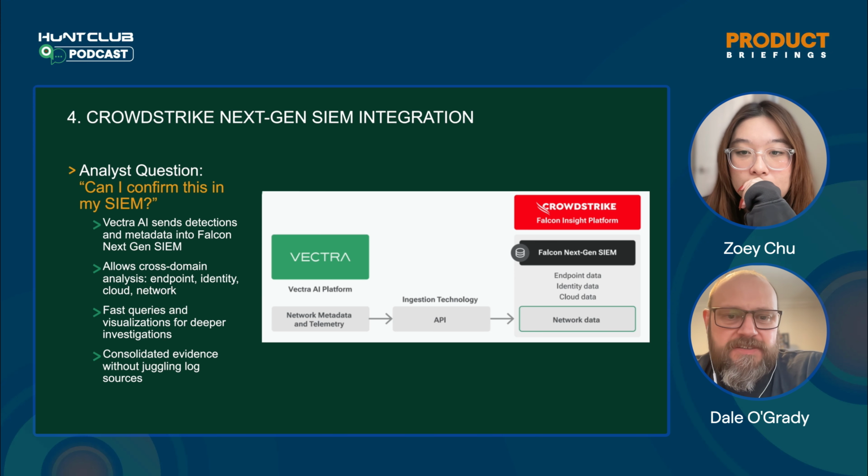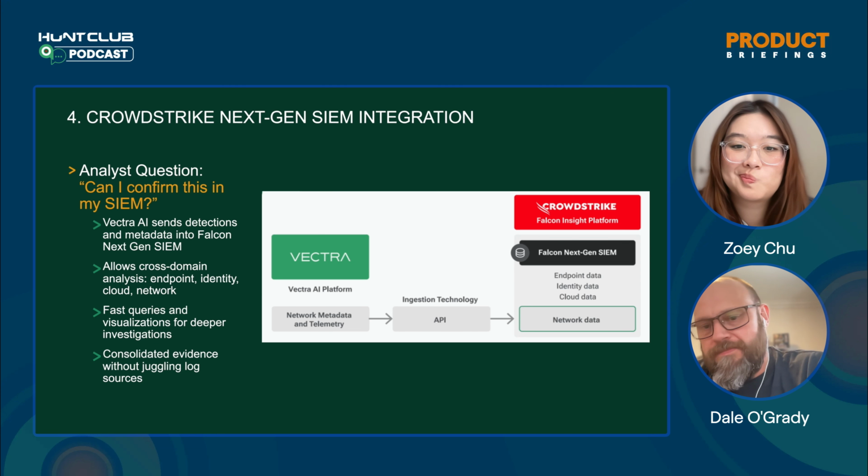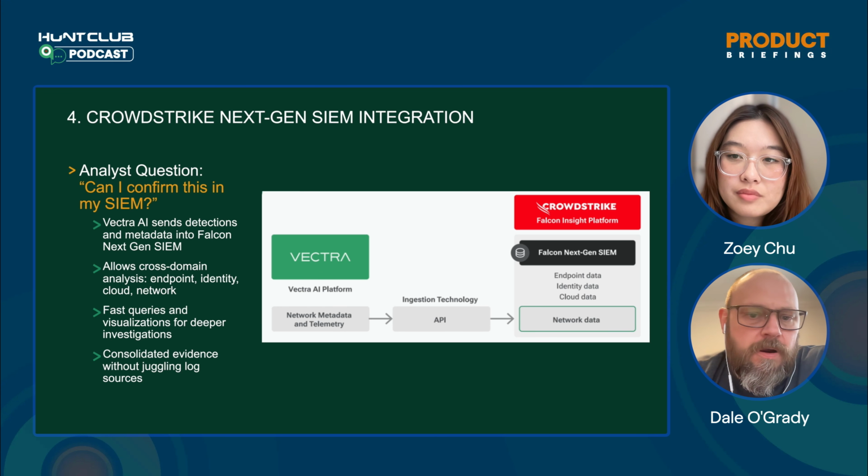There's a lot of what are called data sources. And by navigating through the Next Gen SIEM, you're asking questions like, show me all the hosts that were suspicious and can we detect things like credential dumping or credential theft or authentication attempts to privileged accounts.